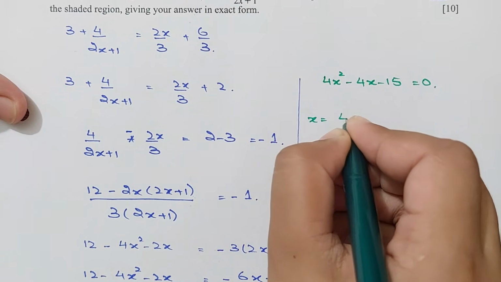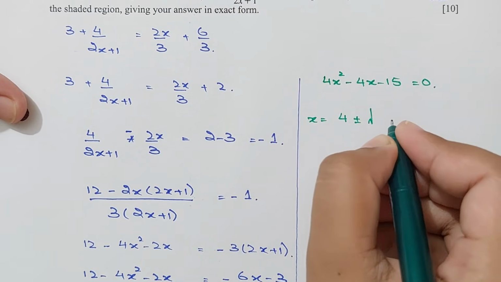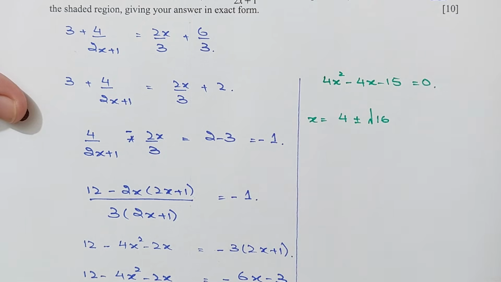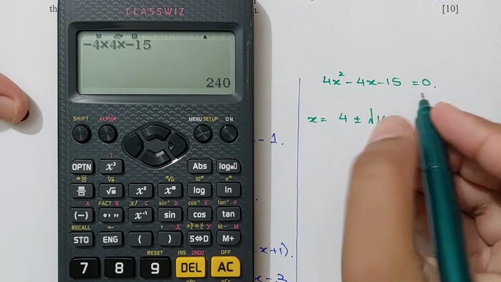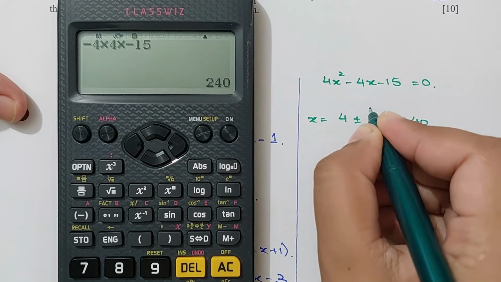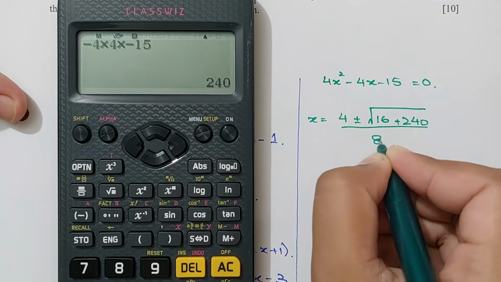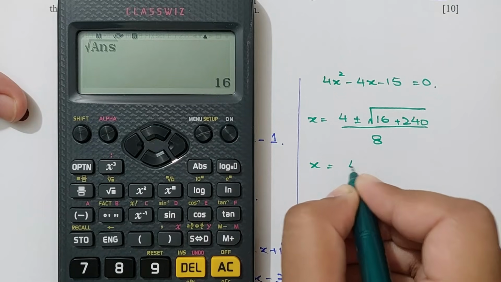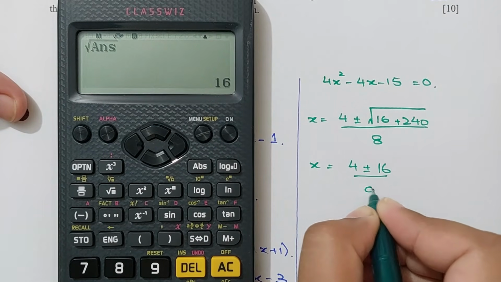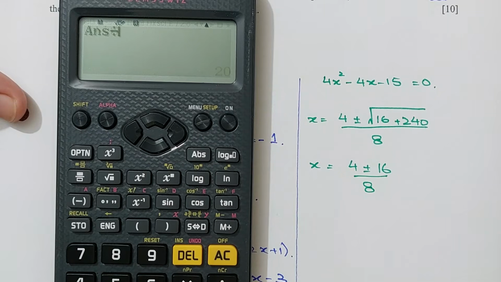So x equals negative b plus or minus square root of b squared, which is minus 4 squared is 16, minus 4ac, negative 4 times the a value times the c value is plus 240, divided by 2 times 4 which is 8. 16 plus 240, and the square root is 16. x would be equal to 4 plus or minus 16 over 8, right? So 4 plus 16 divided by 8 is 5 by 2. 4 minus 16 divided by 8 is negative 3 by 2.